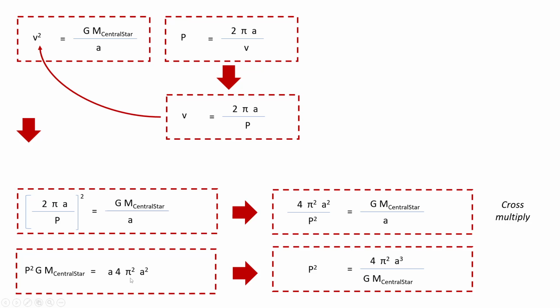Of course, A times A squared becomes A to the power of 3. Then you divide both parts of the equation by G M central star, so that cancels out on the left-hand side. So you end up with P squared equals 4 pi squared A to the power of 3 divided by G M central star. Okay, that's the formula. This one.